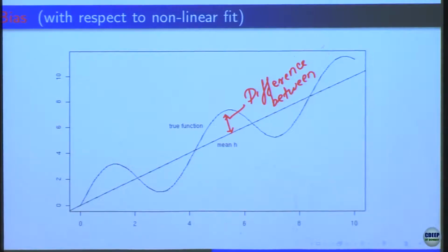The difference, I'm using difference very loosely here, between true and fitted functions. Again, we are going to view this through the lens of the sample data set. Is that clear? So let's write that down on the board, and this is all very intuitive. So deviation of fitted f from the true g.